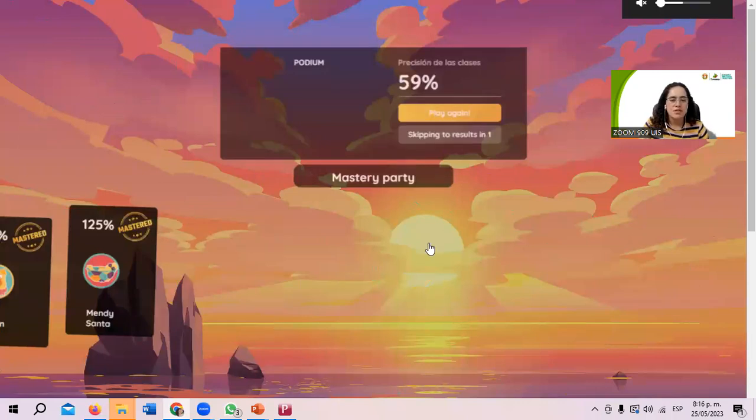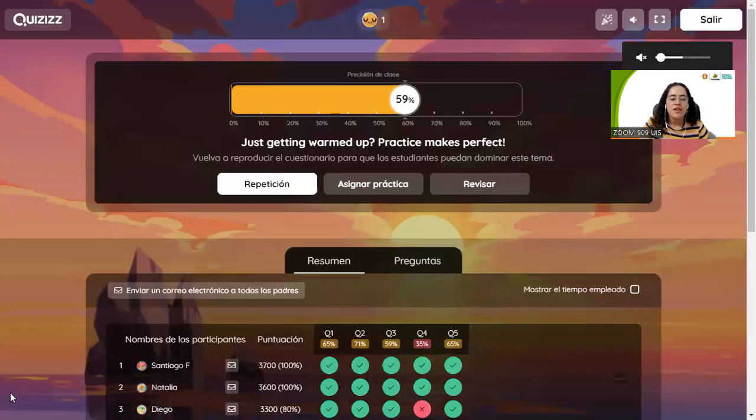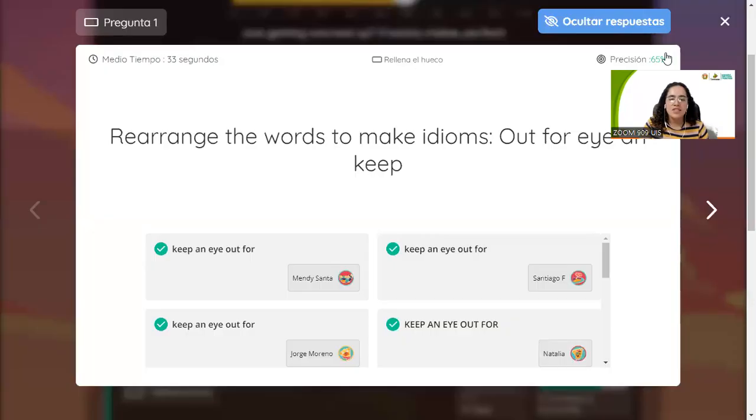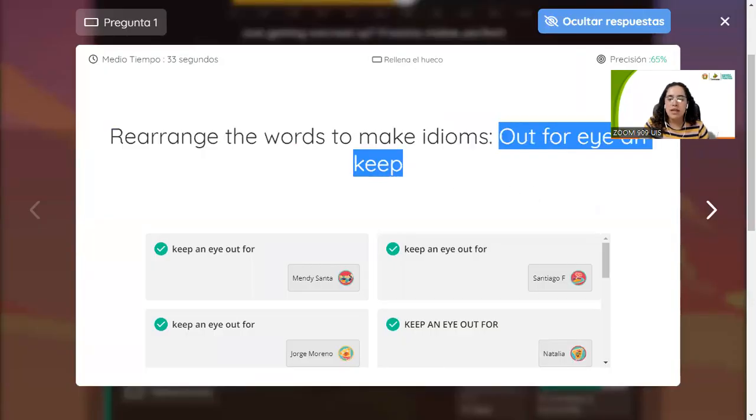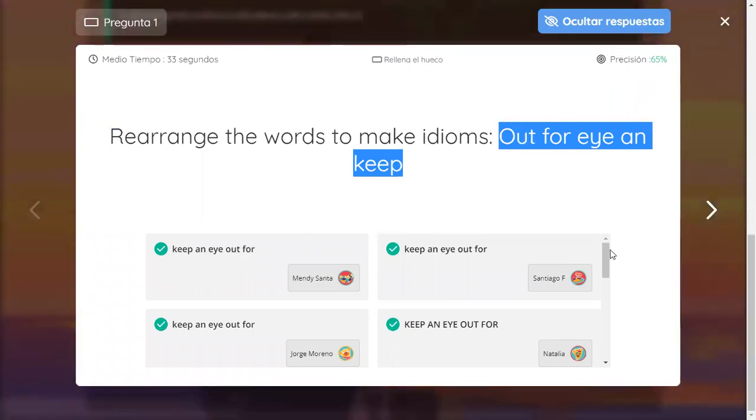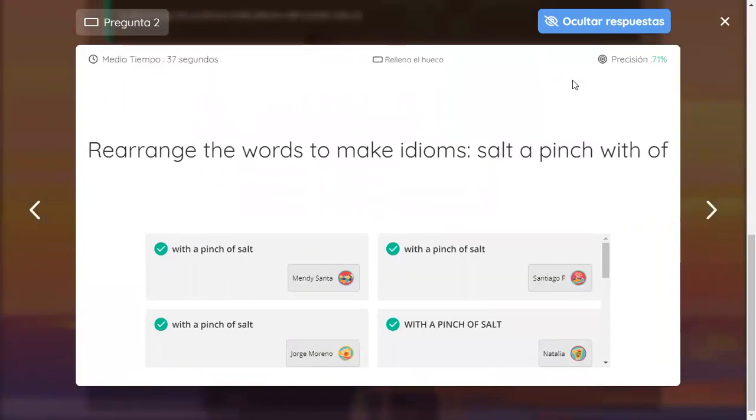Let's see the results. All right, so the activity was for you to take the words and rewrite them or organize them to form the idiom. So the answer here was to keep an eye out for, okay? This was the correct idiom, to keep an eye out for. Then we have with a pinch of salt, all right?